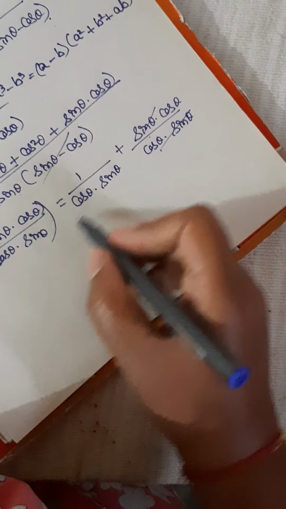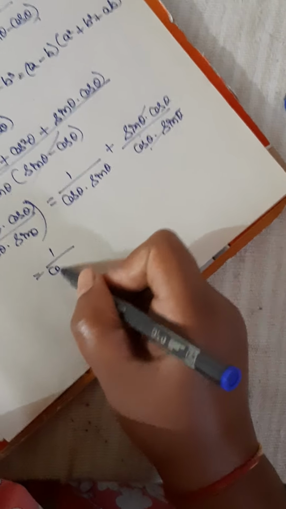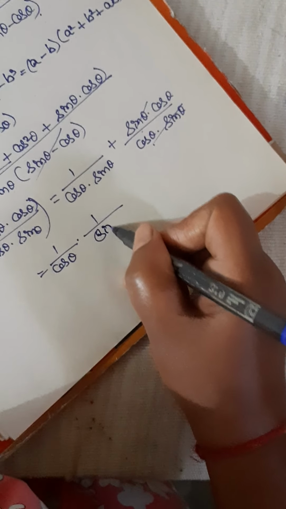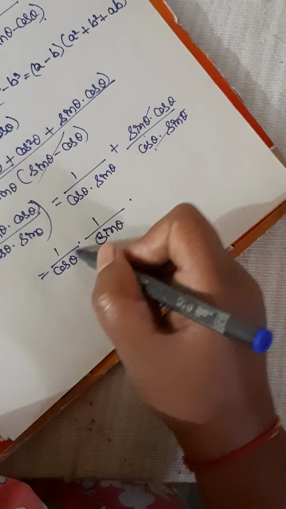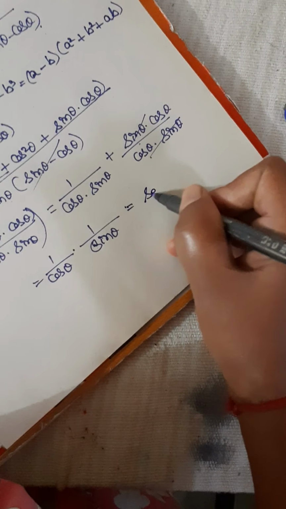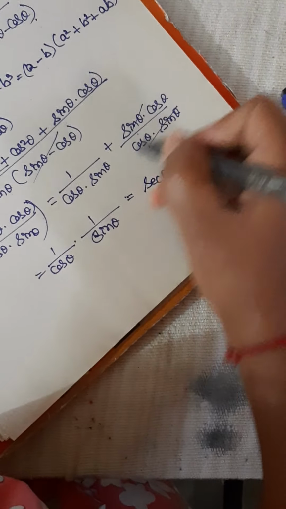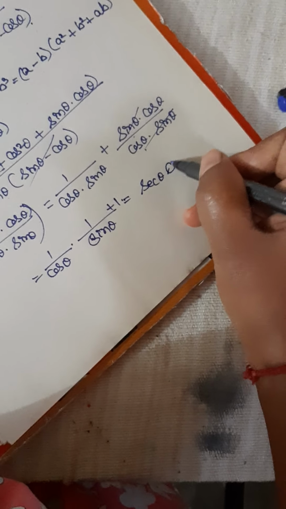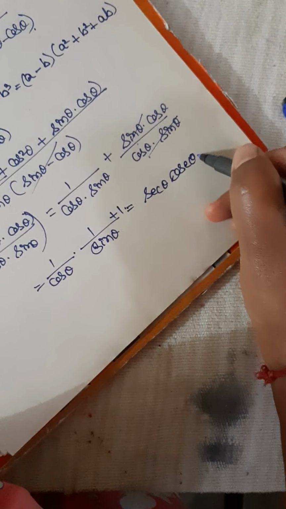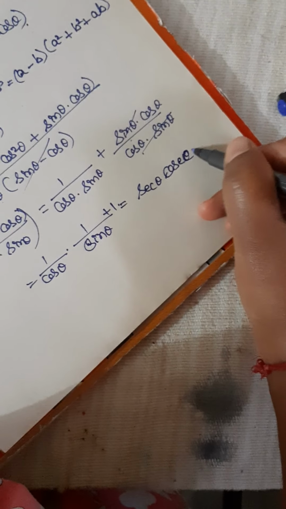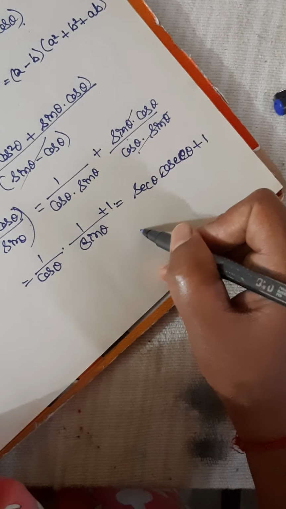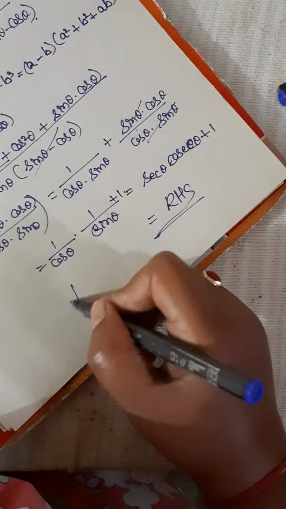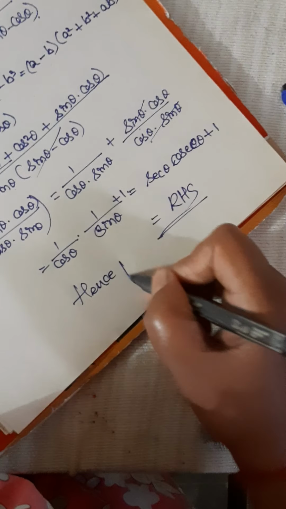These two things will be cancelled. So 1 by cos theta into 1 by sin theta. 1 by sin means cosecant and 1 by cos means secant. So secant theta cosecant theta plus 1. It is our RHS. So hence proved.